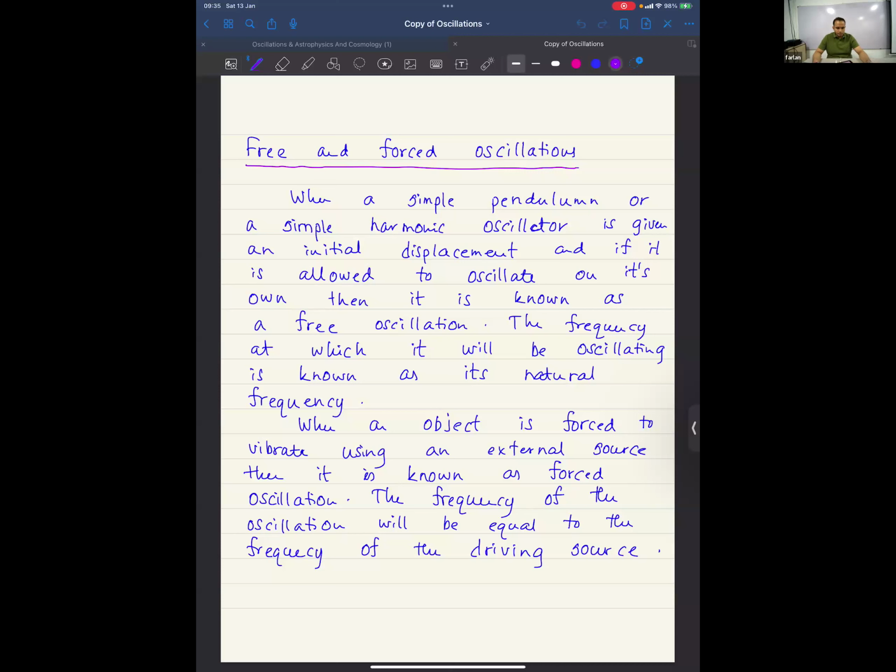When a simple pendulum or a simple harmonic oscillator is given an initial displacement and is allowed to oscillate on its own, then it is known as a free oscillation.